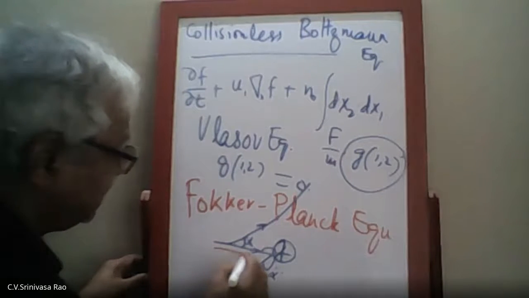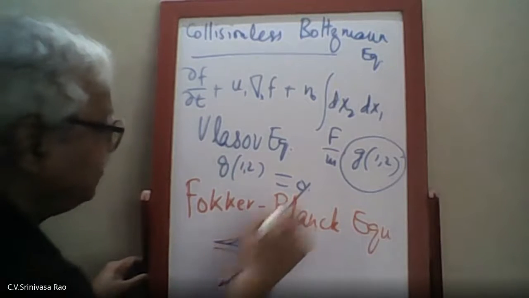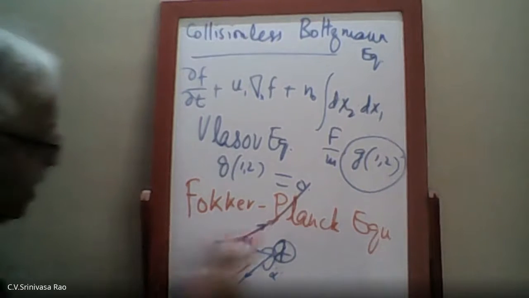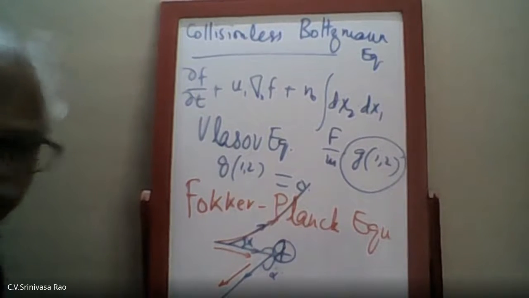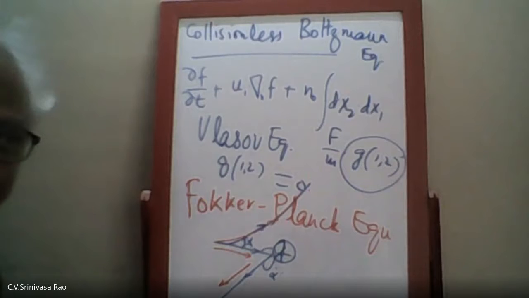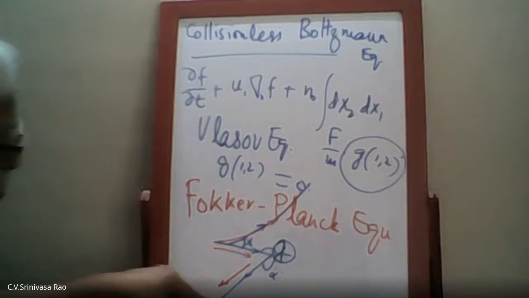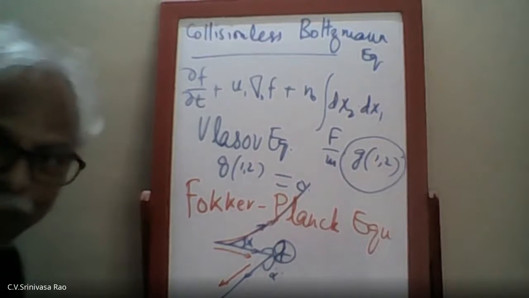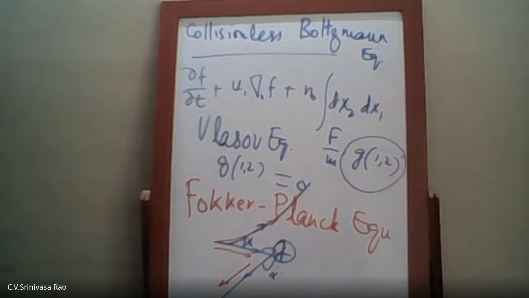See, it was coming in this direction, now it goes in the opposite direction, whereas here there's a small change. So small changes are allowed, not a large variation. Something like a random walk you can explain by the Fokker-Planck equation, but not trajectories where there's a drastic change. So that is an important thing about the Fokker-Planck equation.